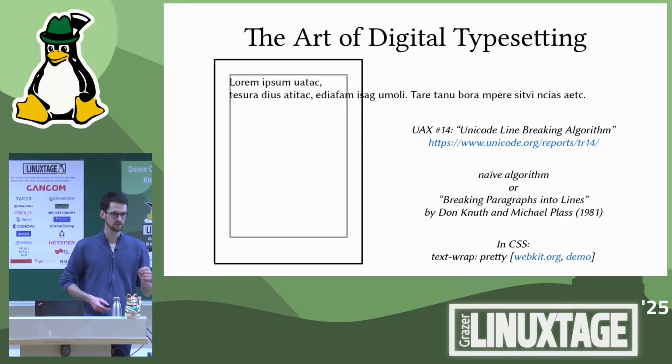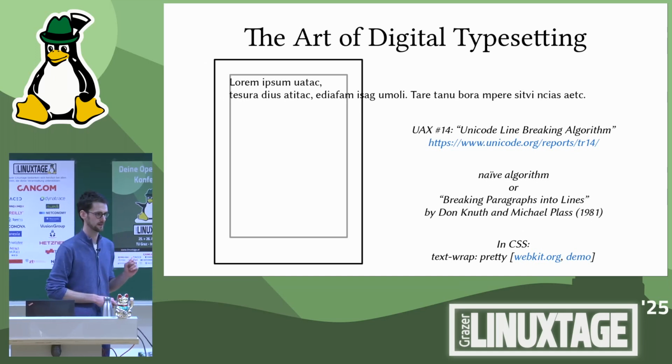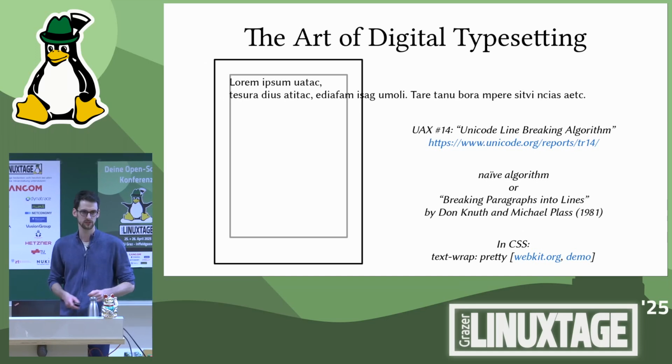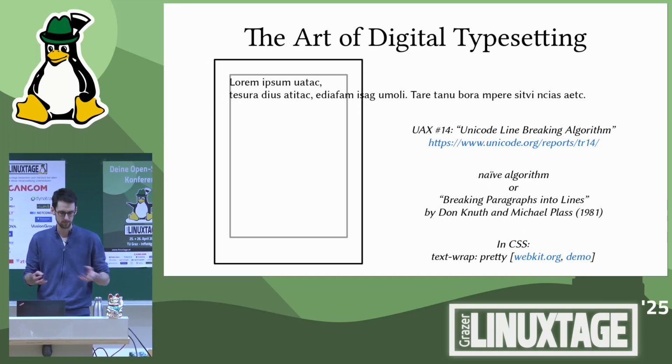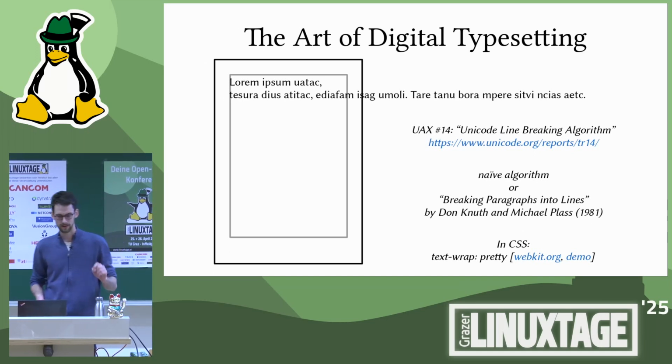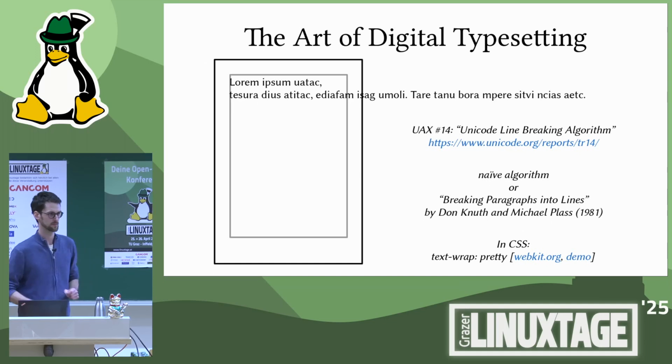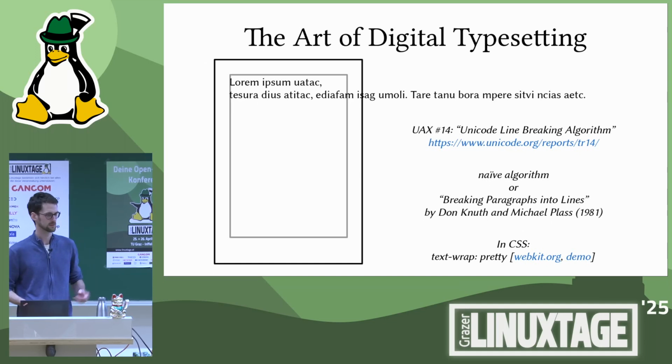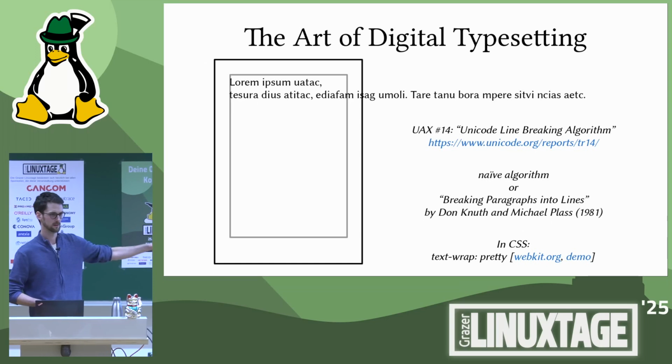1981. Is this even something modern? Yes, it is. We also deal with that today. This links to a blog post by the WebKit developers. And text-wrap is a CSS property that was just recently introduced. Firefox doesn't support it.